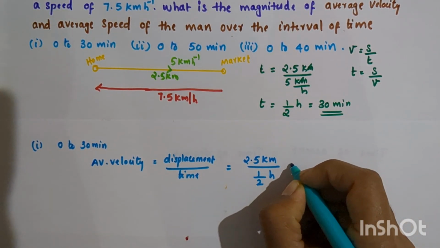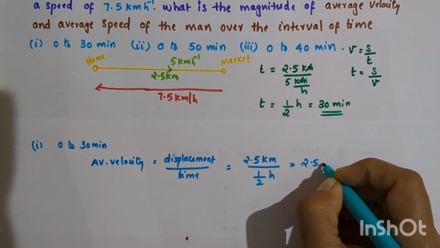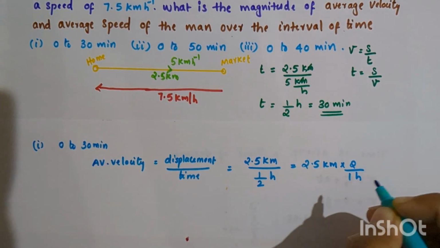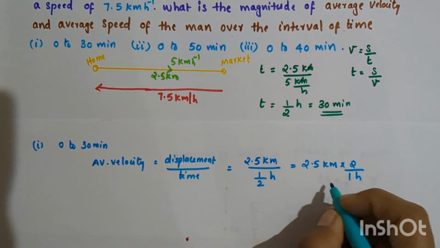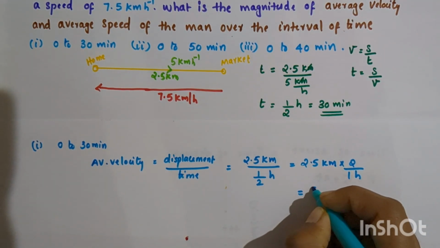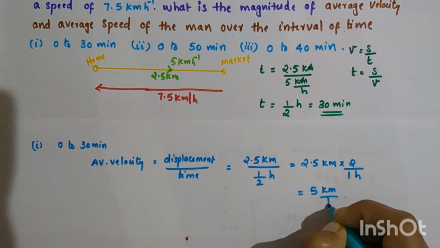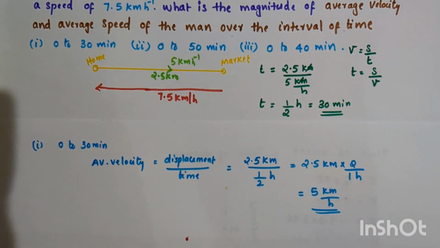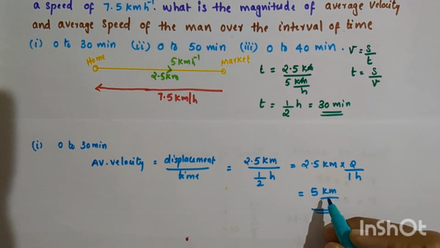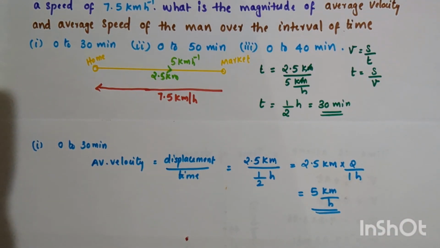So this is 2.5 kilometer into 2 by 1 hour, 2.5 into 2 is 5, so 5 kilometer per hour. So the magnitude of average velocity during the time interval 0 to 30 minutes is 5 kilometer per hour.